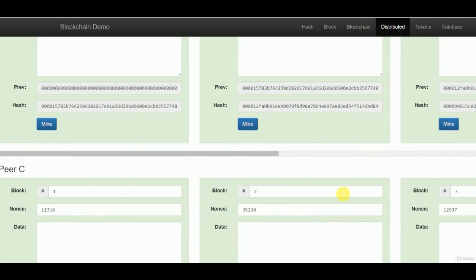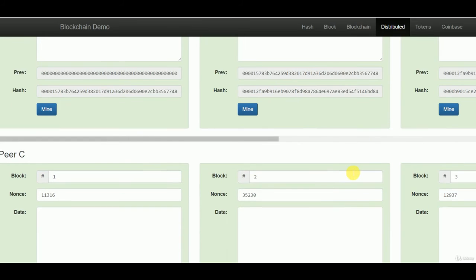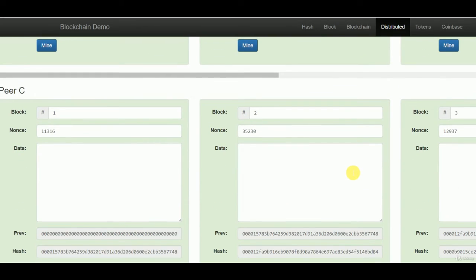Since peer C's block 2 hash and peer B's block 2 hash are the same, we can conclude that peer A is the one that is altered. So we won't consider peer A's block while doing the transaction. This is how, during validation, peer A is not considered.